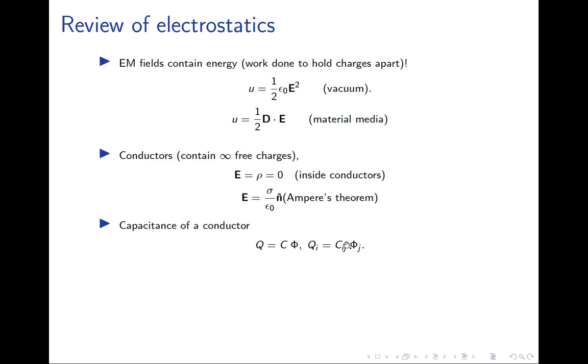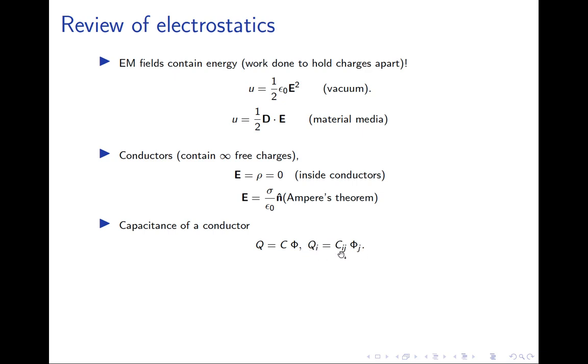So the charge on the ith conductor is proportional to the potential of the jth conductor, and the proportionality constant is known as the coefficient of capacitance, Cij.